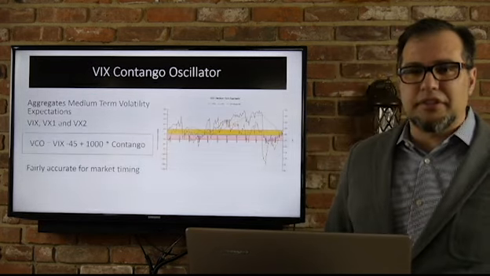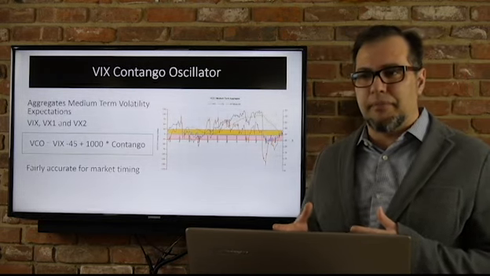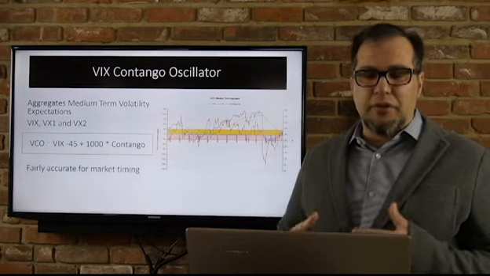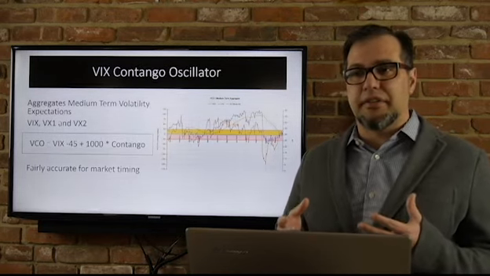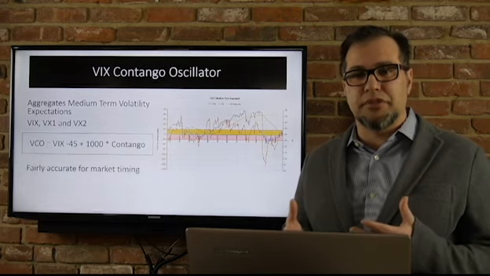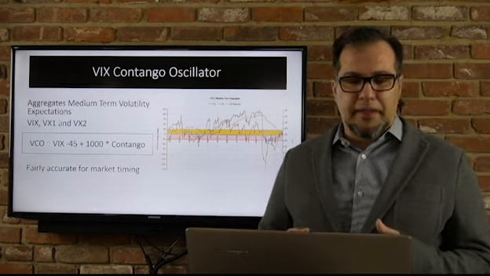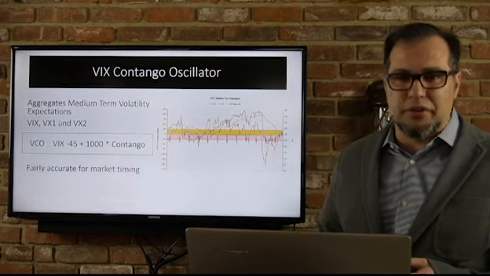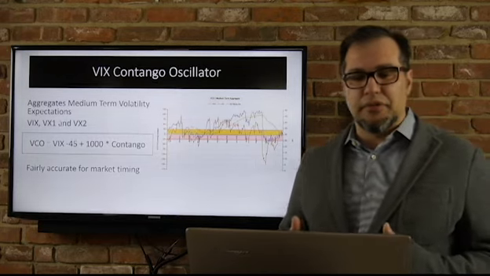In addition to the term structure indicators that we discussed, I've also created a couple of aggregate indicators that aggregate different parts of the term structure to just give us a better sense of where we are. The first one is the VIX Contango oscillator, which aggregates medium-term volatility expectation.